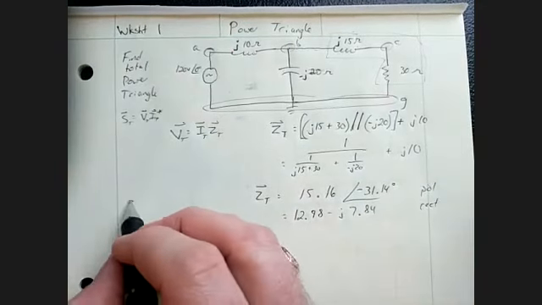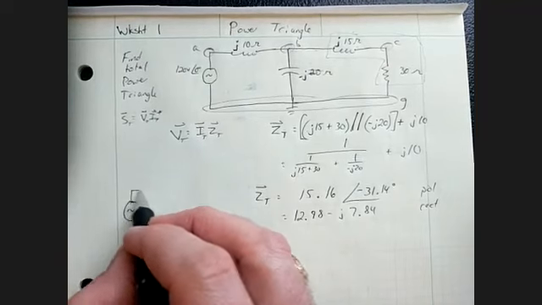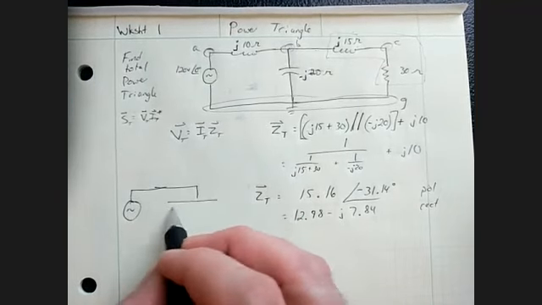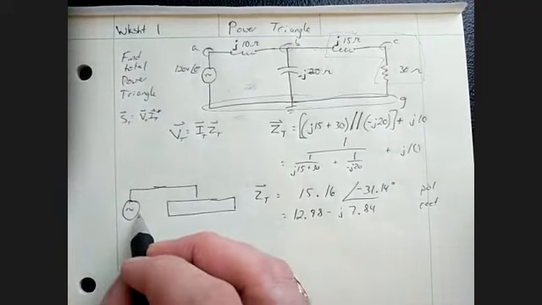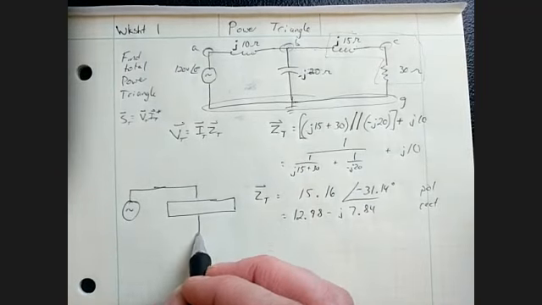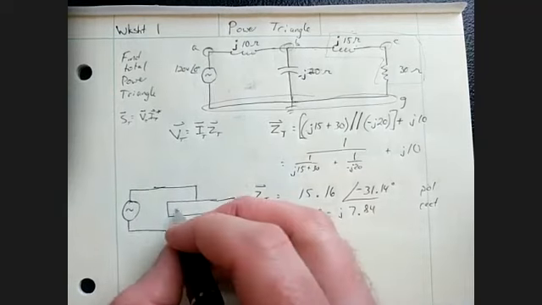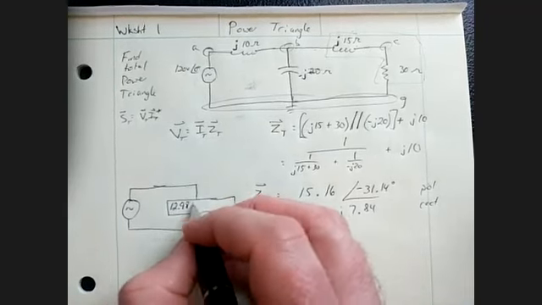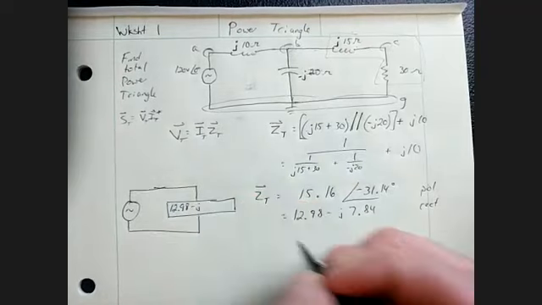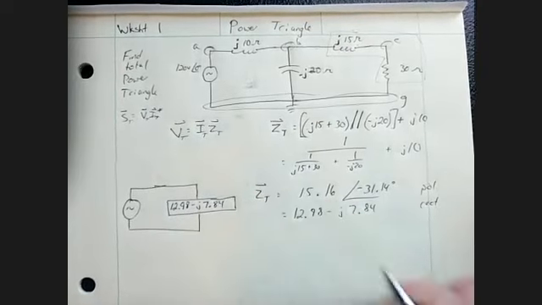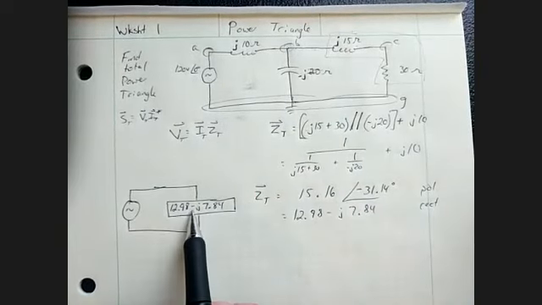And the way that this would look in a circuit, if you cared to understand it this way, every circuit has a source, a path to the load, a path back to the source, right? And then together, that would be 12.98 minus j7.84. So this negative j tells me that it is a capacitive circuit.